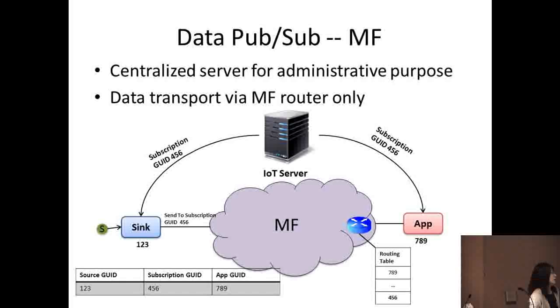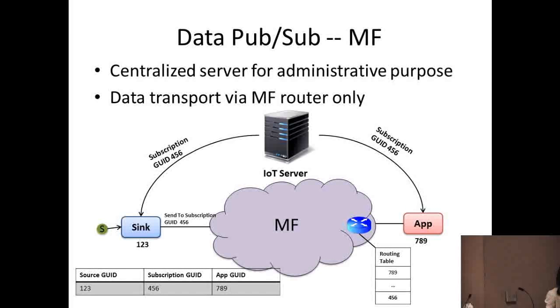Because of this, you are going to have a larger mapping table, where for each subscription GUID, you map to the source and the destination. And if you look at this router on the right, it says, okay, I know something about subscription 456.